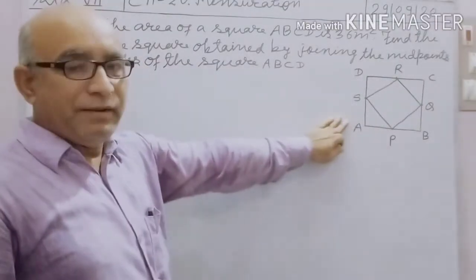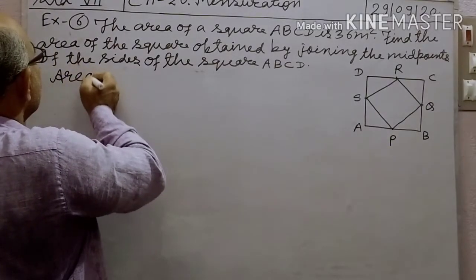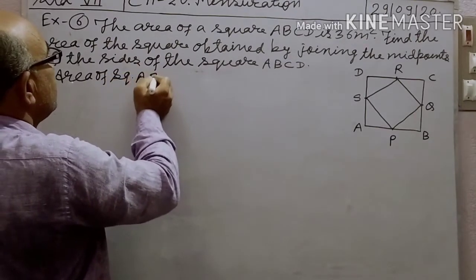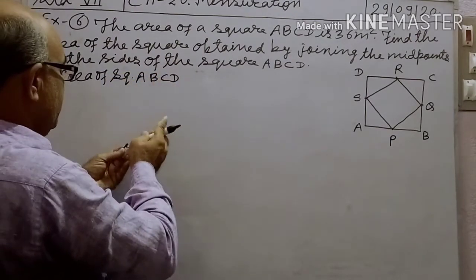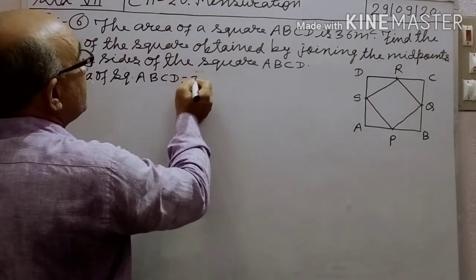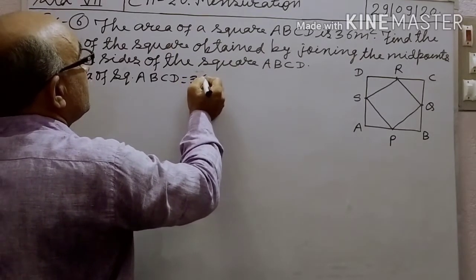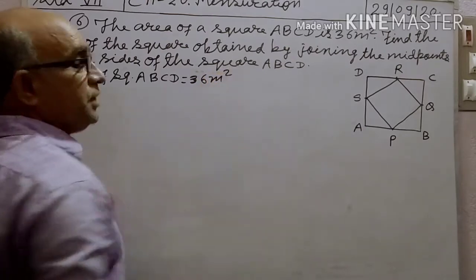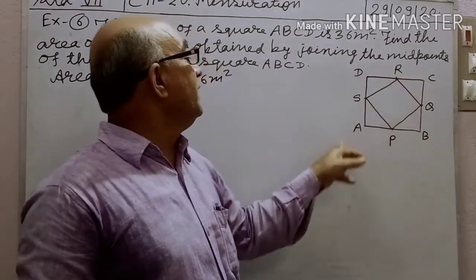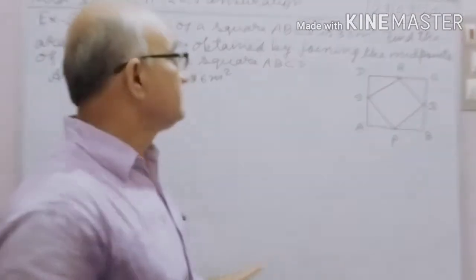Here given a square ABCD, area of square ABCD equal to 36 meter square, and the midpoints of AB, BC, CD and DA are P, Q, R and S.